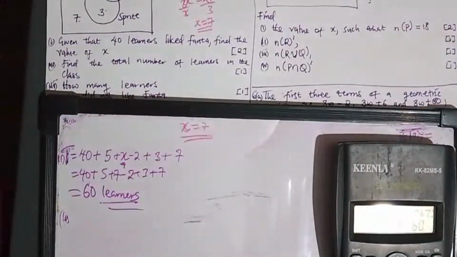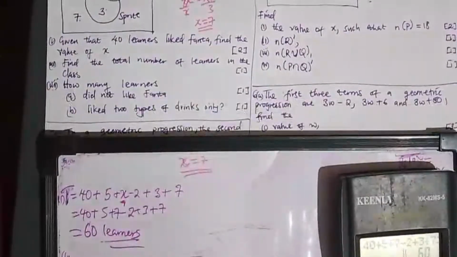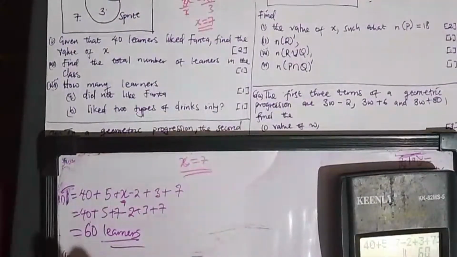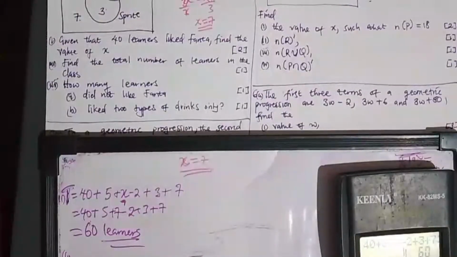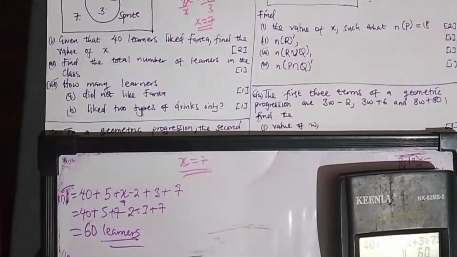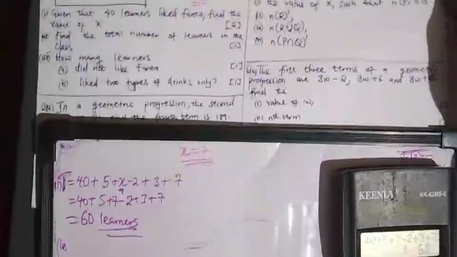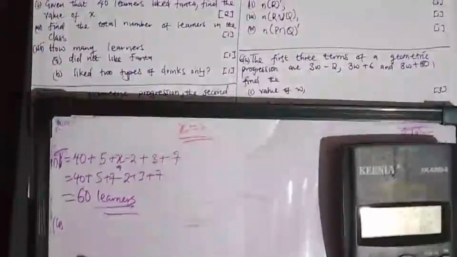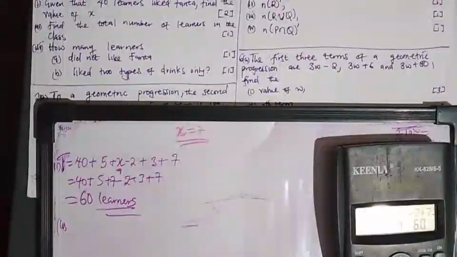Question 3 is saying, find how many learners did not like Fanta. So how many learners did not like Fanta? They are asking about the learners who didn't like Fanta.